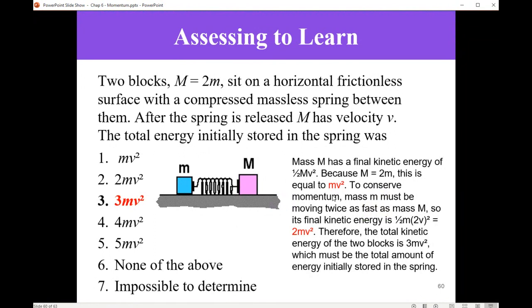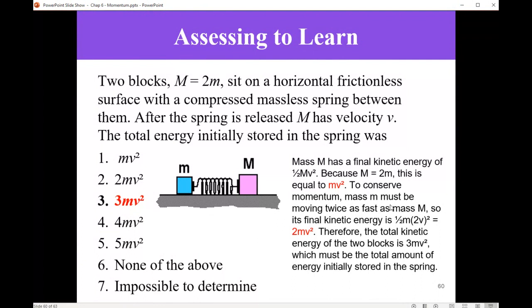So in this case, we are told that M moved with velocity V, so the kinetic energy will be half mv squared. Since M uppercase equals 2m lowercase, you have factor 2, you have factor 1/2, you end up with the energy mv squared.